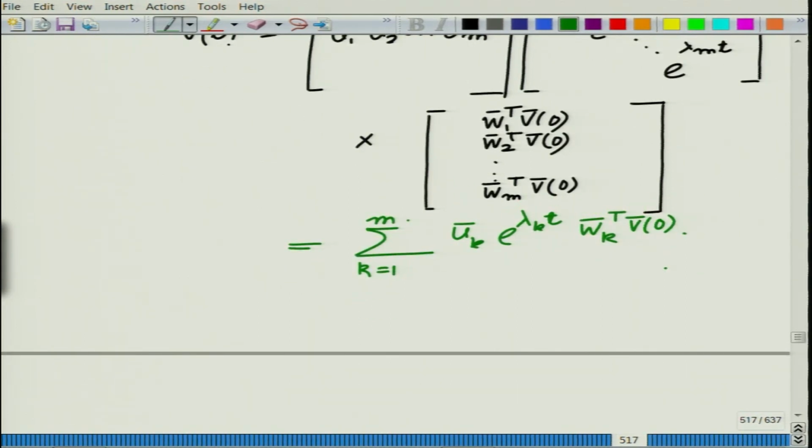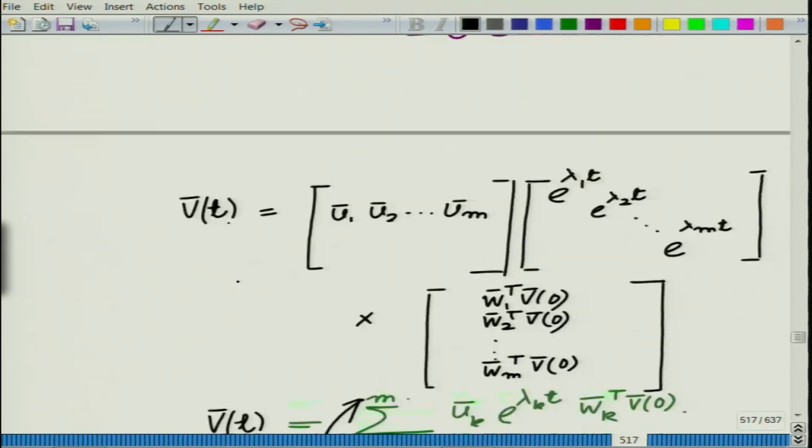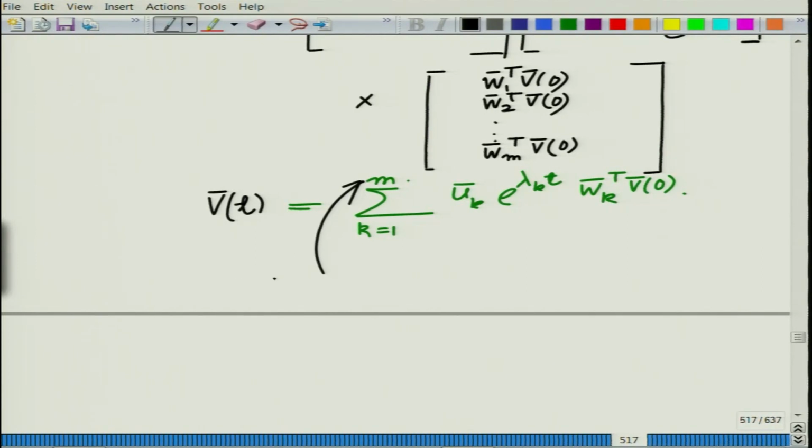You can think of each of these as a mode. So this is your v bar t, and you can think of this as m modes. This is essentially your kth mode.